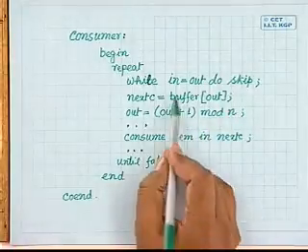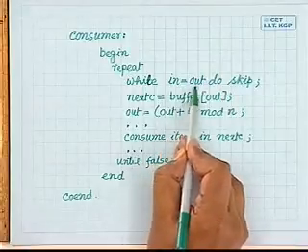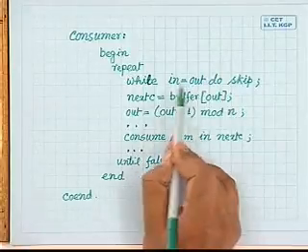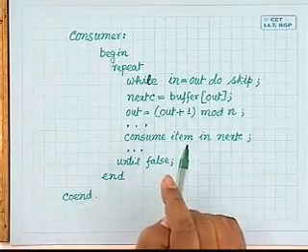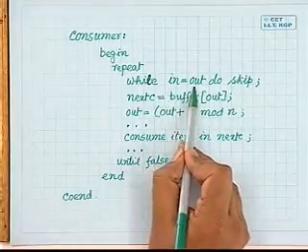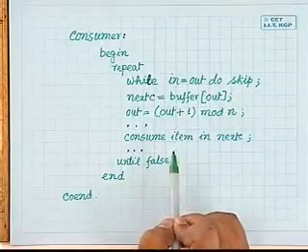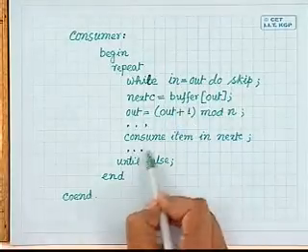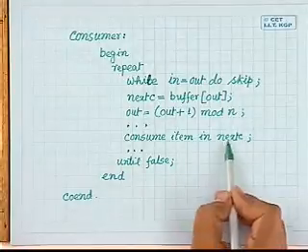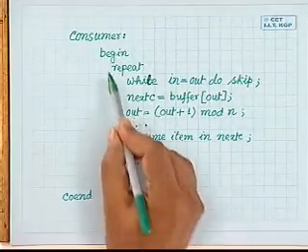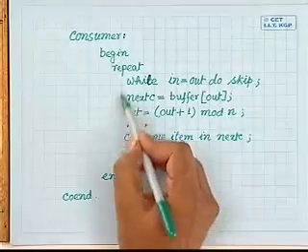Similarly, the condition in equal to out will also be broken by the producer process. If the producer produces an item and puts it into the buffer, then this condition will be false. After that, the consumer will consume the item in next c in its own time.